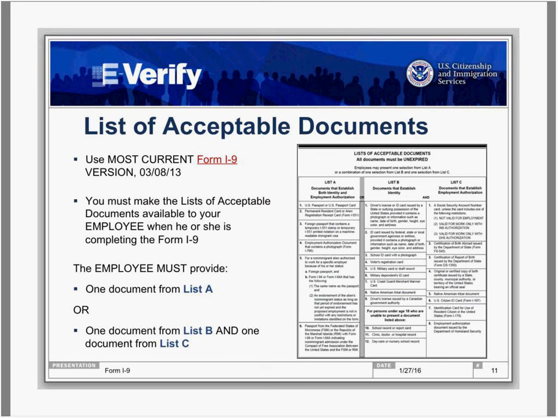But we did add two bits of information on this list of acceptable documents in comparison to the previous version. It's not new information. It's just that we had questions coming in, whether on our customer care line, emails, or webinar questions, so we decided that when we put the new version of the I-9 out, we would add that information.